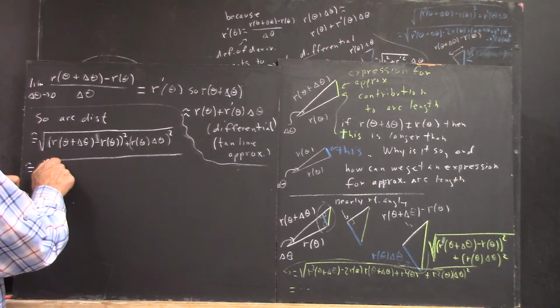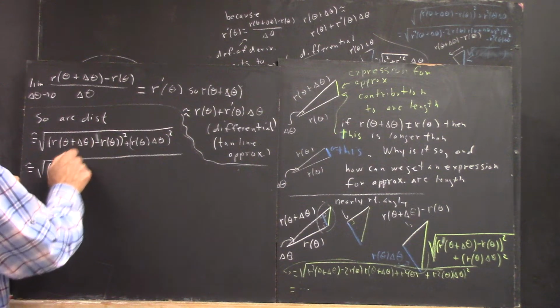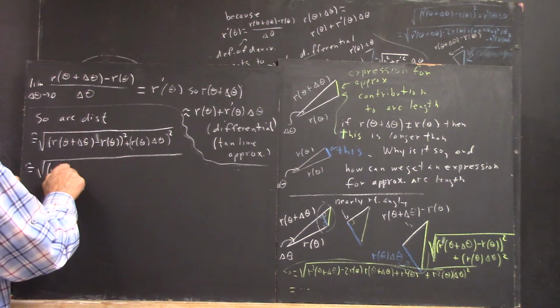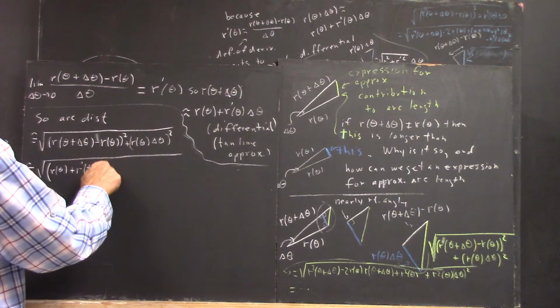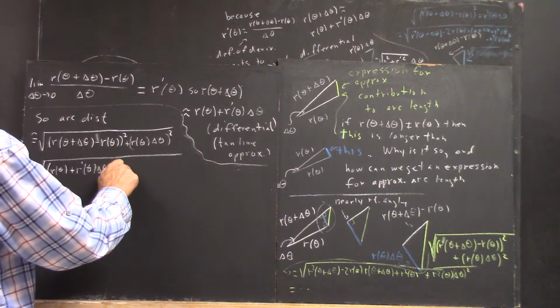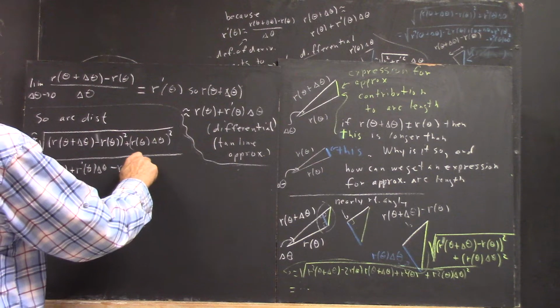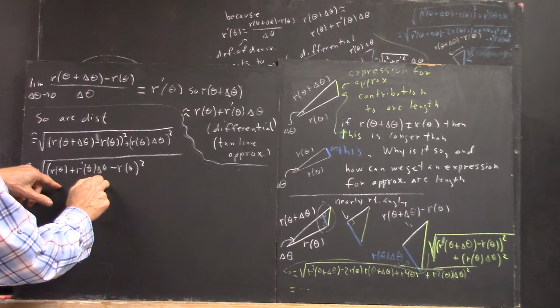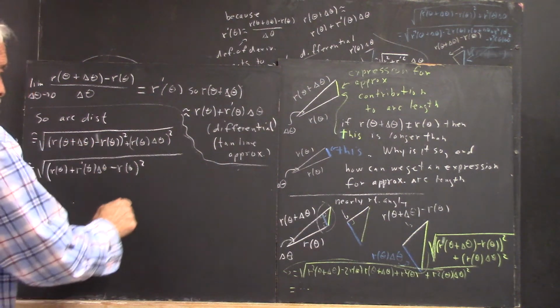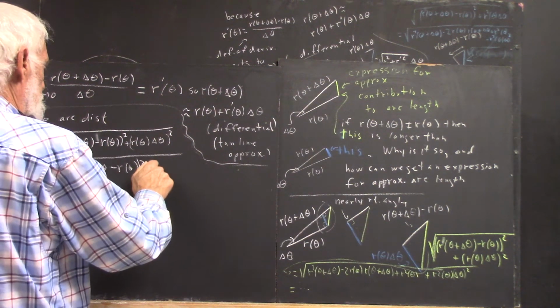So, r of theta plus delta theta is r of theta plus r prime of theta delta theta. Then it's minus r of theta. Okay, I mean this is your r of theta plus delta theta approximately. And you have your r of theta, and you want to square all that.